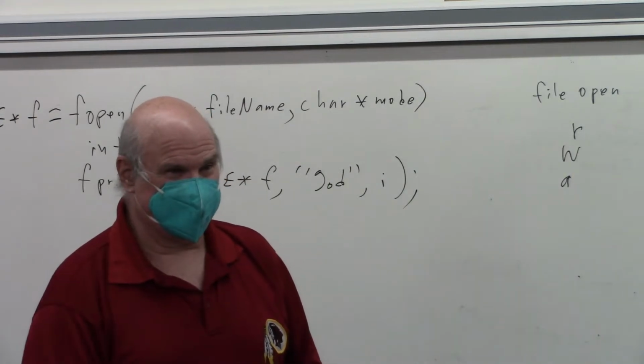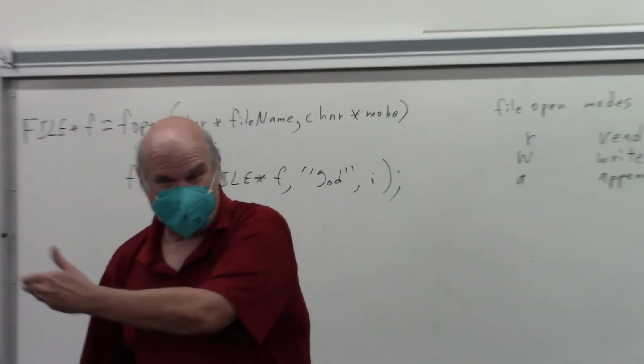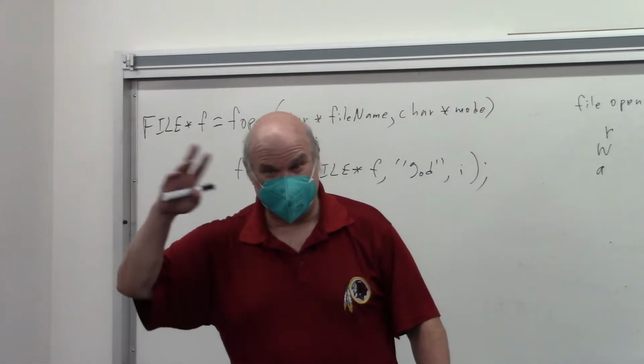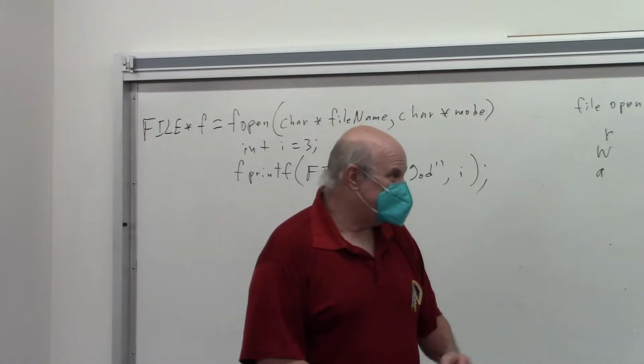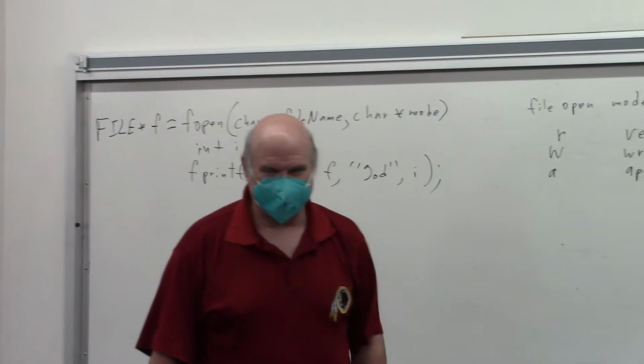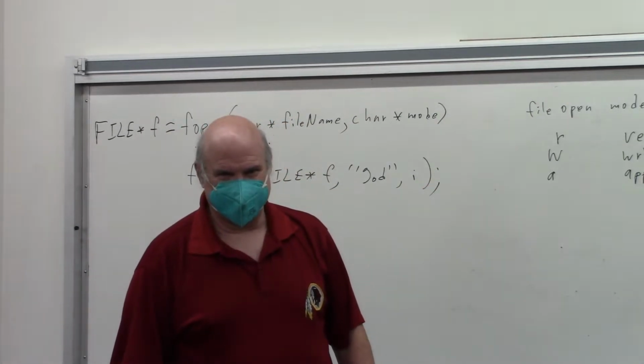Same thing for output, right? It's a stream of data that may be going over the network wire, Ethernet cable, maybe going over the Wi-Fi, over the airwaves. It may be going to the screen. It may be going to a disk file. This is what a file really is. It's a stream of data.